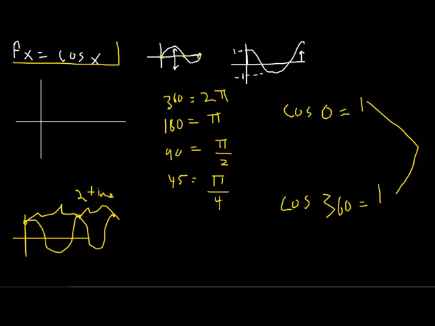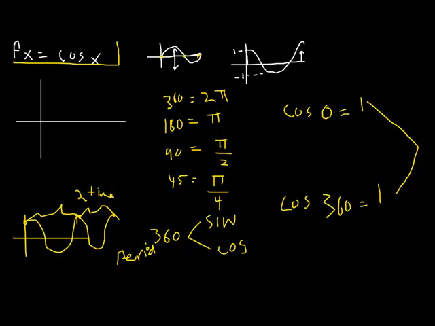For these basic simple graphs, the period is 360, and this applies to both sine and cosine. The period tells you how long it takes for one cycle to be finished.